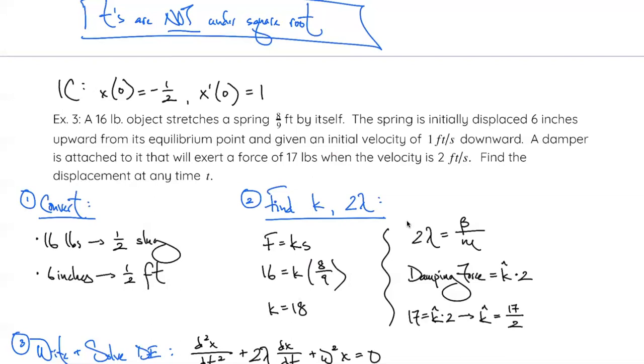Right. And you can go ahead and use those initial conditions to find your C1 and C2 coefficients.